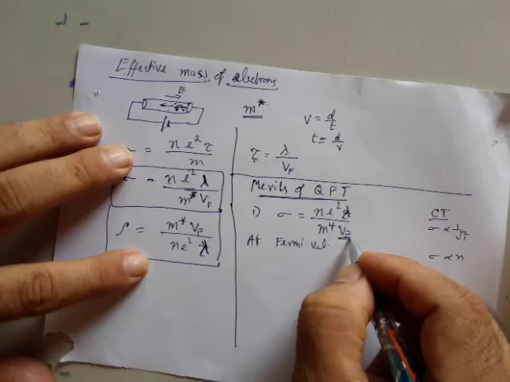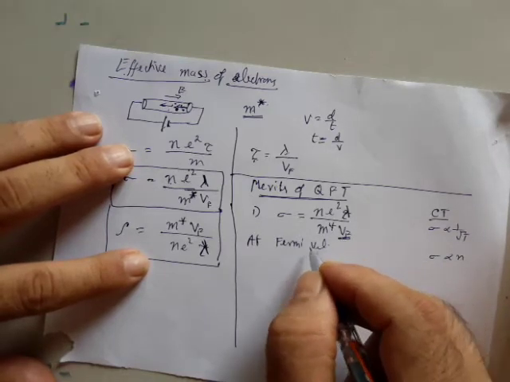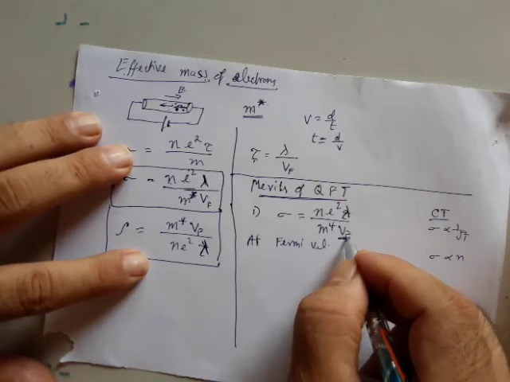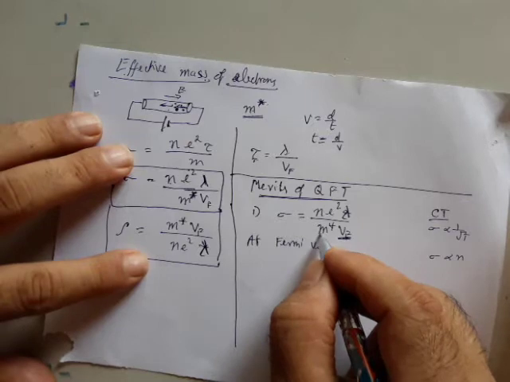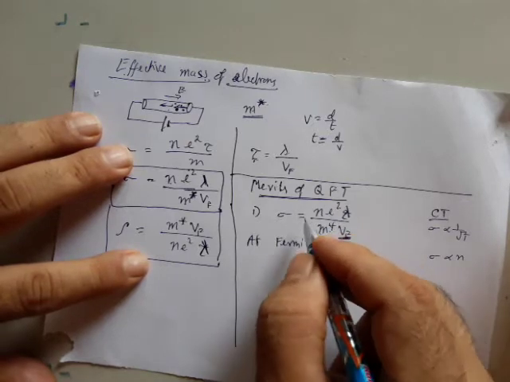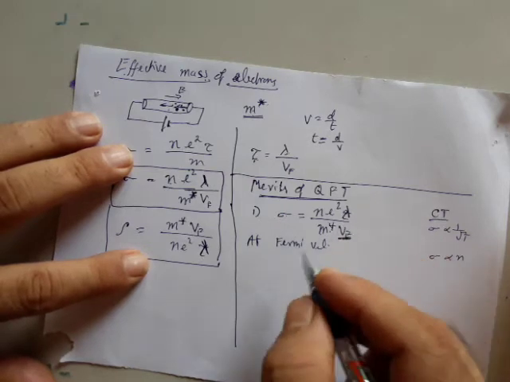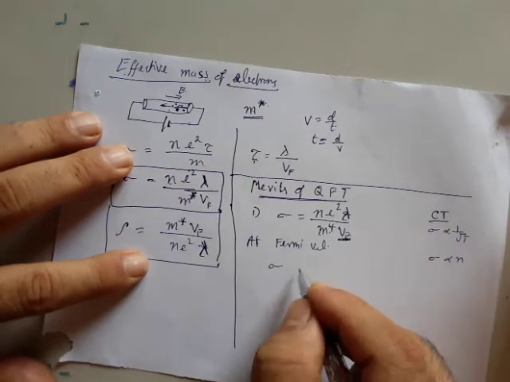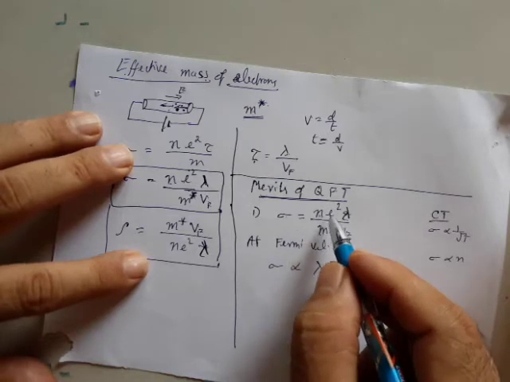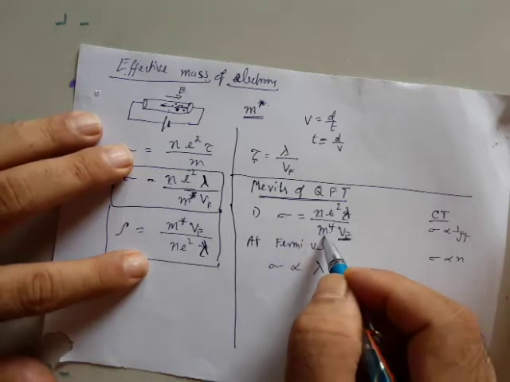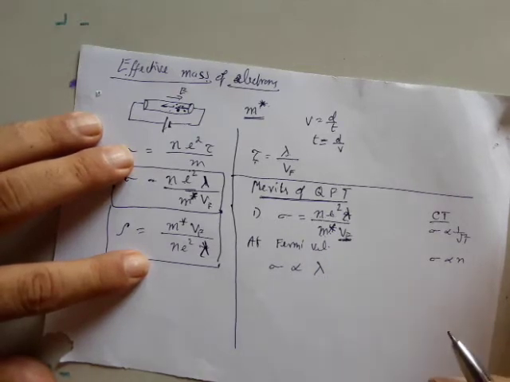Fermi velocity is independent of the temperature, because Fermi energy is independent of the temperature. m star is not going to depend on it either. The only thing that sigma depends on is lambda. Therefore, at any given temperature, sigma depends only on lambda, and it is independent of n, independent of E, independent of m star, and independent of Fermi velocity. So it only depends on lambda.